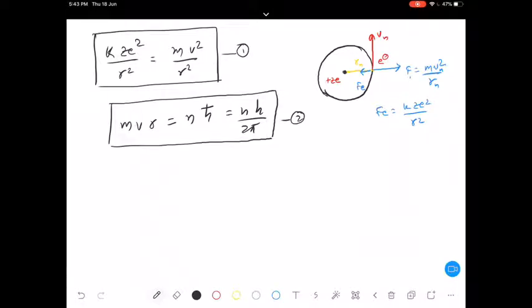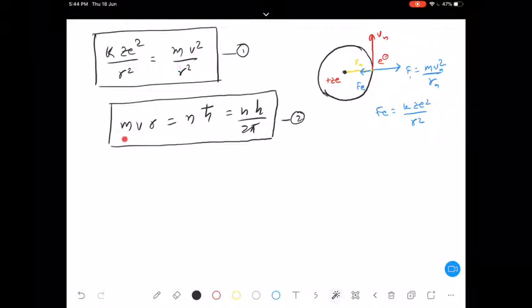Now, what will be our motto? Our motto is to calculate this radius, this velocity, as well as the energy associated with that electron. That's what we are trying to figure out. Isn't that right? So now we have two equations and two variables, velocity and radius, correct?